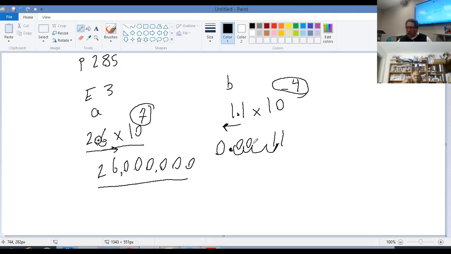And for these empty places, you put 0. So 1.1 times 10 to the power of minus 4 is equal to 0.00011. Actually, no, I'm sorry, I made one mistake here. It moves 4, so this is extra. Do you follow me? All right, Brian, are you okay? Yes. All right.